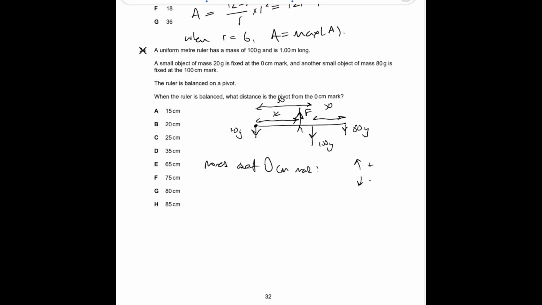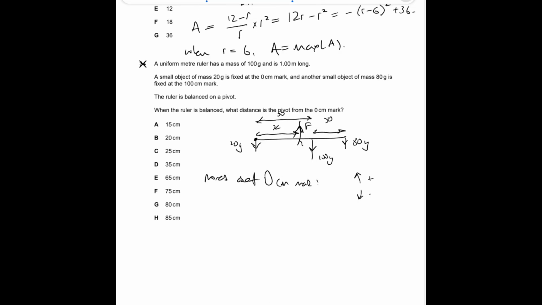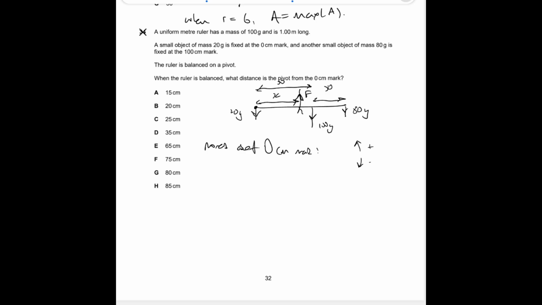This 20 grams is not going to produce one, but we are going to get one from the pivot, which is supporting the 100 gram weight and also the 100 extra grams of the 80 plus 20. That's at a distance x, and the rest of them are producing clockwise moments. So that's 100 times 50 because of the weight at the center, the 100 grams weight at the 50 centimeter mark, and the 80 grams at the 100 centimeter mark. And because it's in rotational equilibrium, the sum of the moments is going to be 0 around every point.